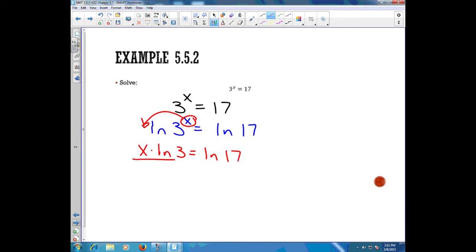Then to get x by itself, we just divide by the natural log of 3. Now, the natural log of 17 over the natural log of 3 is not a whole number, but we can still find that using our calculator. And you should get x is equal to 2.5789.